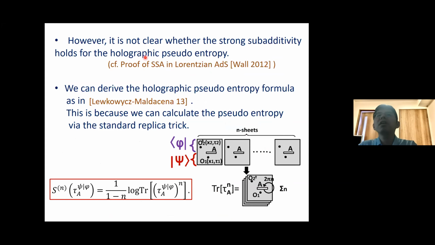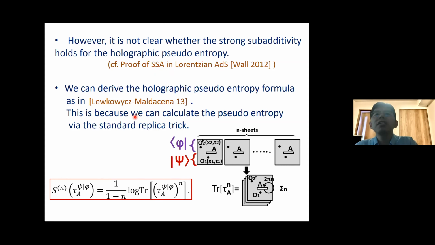But as far as we see phenomenologically in explicit examples of holographic pseudo entropy, we don't see any violation so far. But we cannot apply the very famous proof by Aron Wall using the max-min prescription of the covariant entanglement entropy for the time-dependent case. For our case, it's not a max-min, so we cannot use this proof. So this is a kind of open problem.